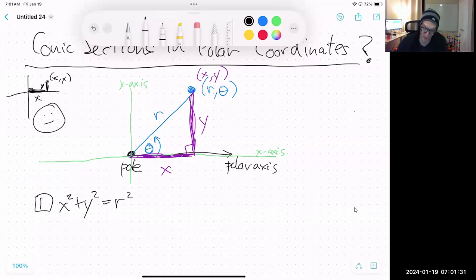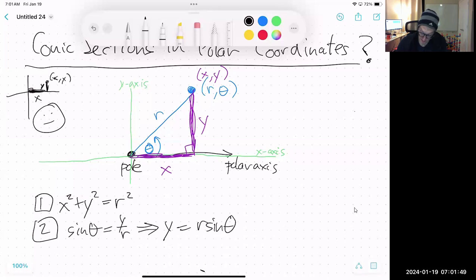That is relating the x coordinate, the y coordinate, and the r coordinate of a point labeled two different ways in the two different systems. It's also true that sine theta is y over r, and therefore some people just say that y is r sine theta.